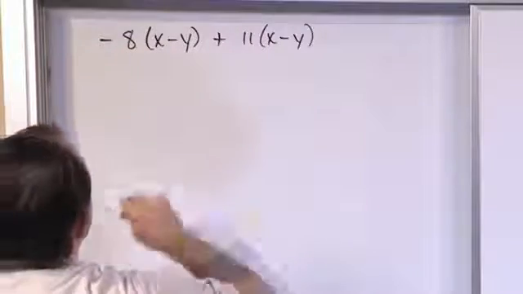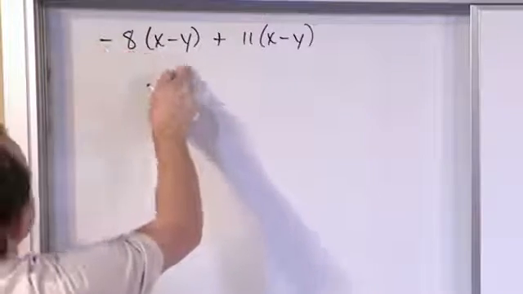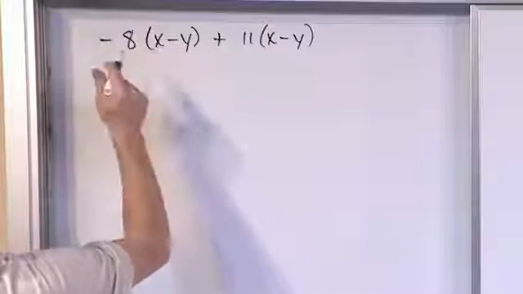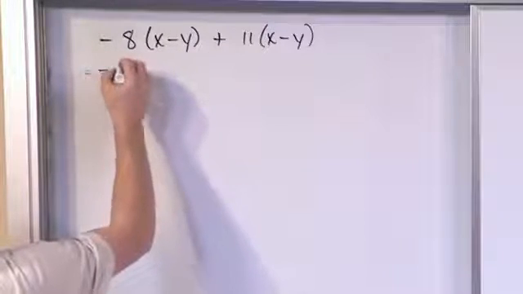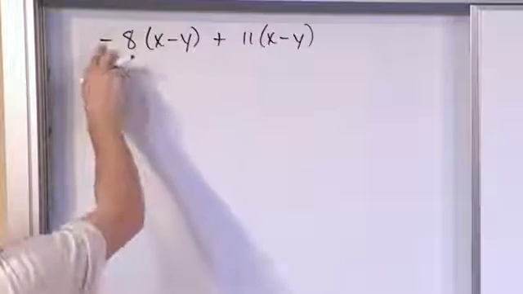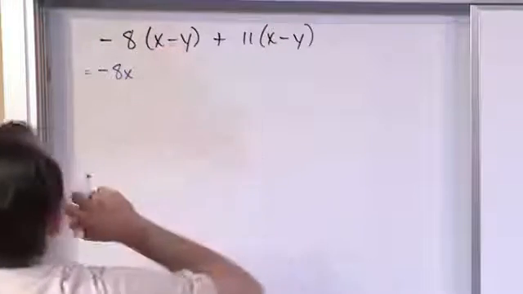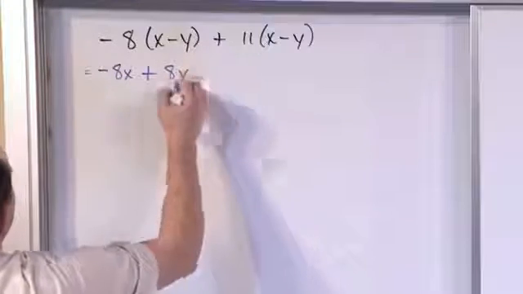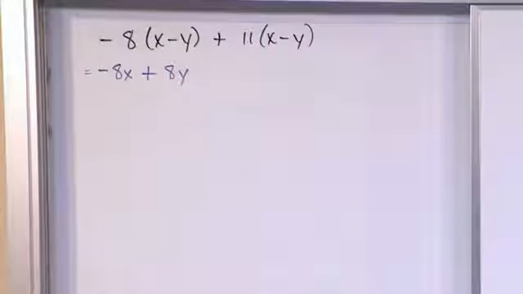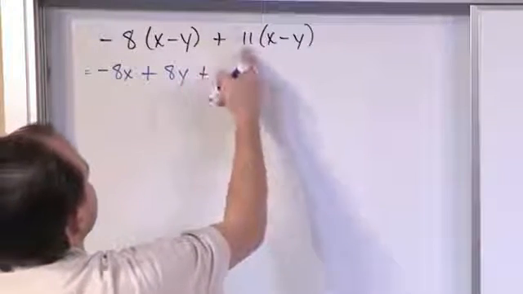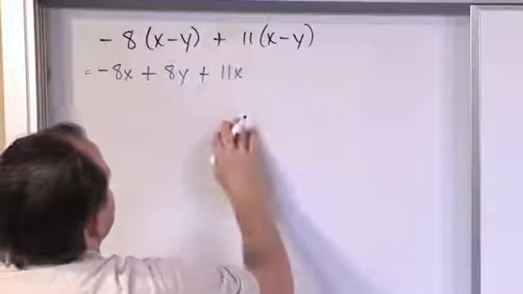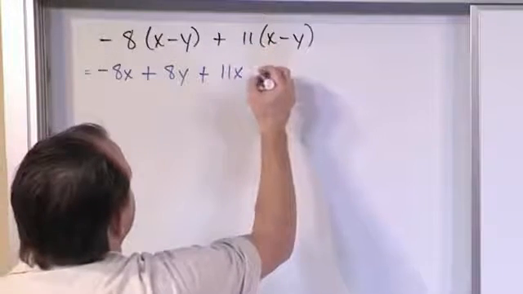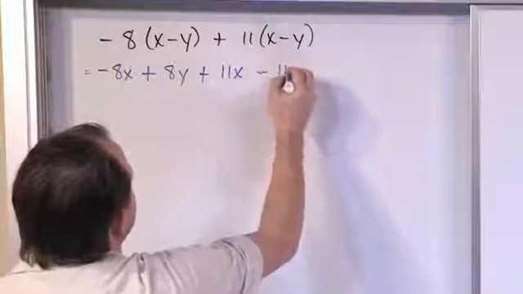So we know we have to apply the -8 into each term. -8 times x is -8x. What's -8 times -y? Well, negative times negative gives you positive, so you got to make sure and do that. And you're going to have 8y. Okay? Over here, you're going to have 11 times x, which is going to give you 11x. You're going to have 11 times -y, which is going to be -11y.